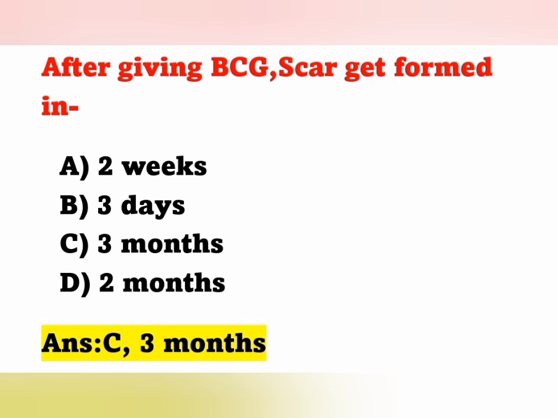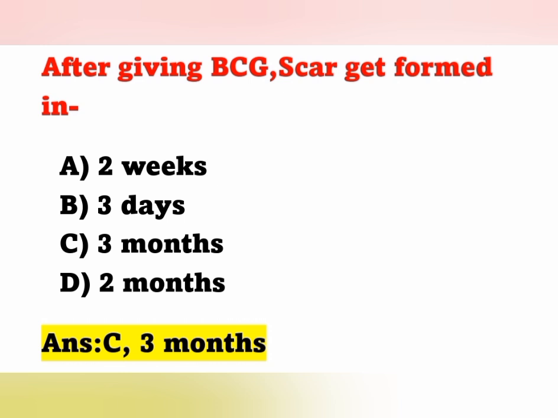Usually the scar is formed within 6 to 12 weeks or 3 months. If the option 6 to 12 weeks is there, that is the correct answer. Here 3 months is there, so that will be correct. After vaccination, that means 2 to 3 weeks after intradermal injection, a small papule will develop at the vaccination site.